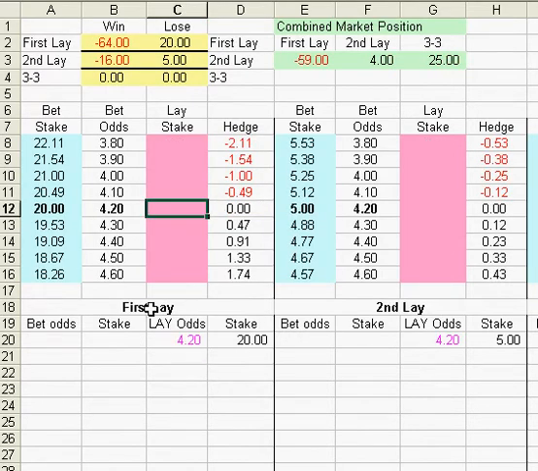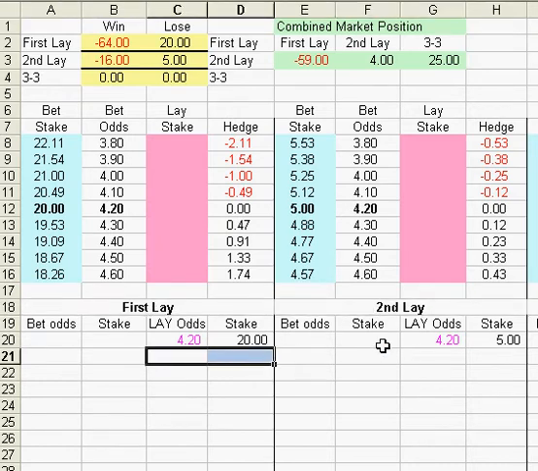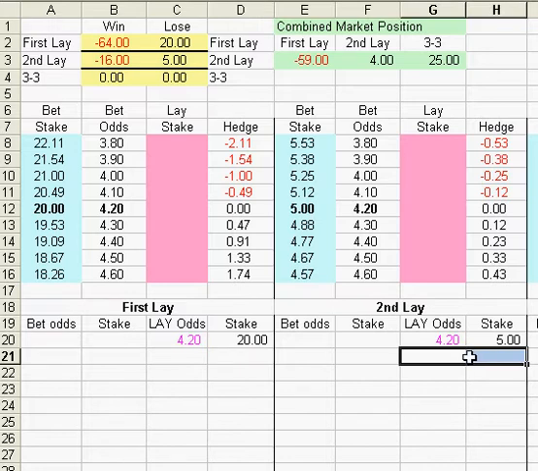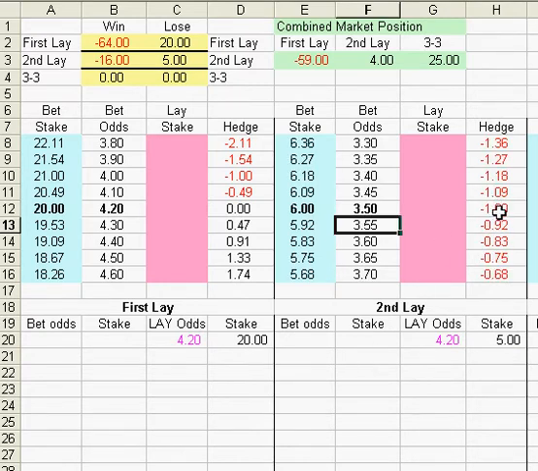Now here we're looking at two fictitious lays, our first lay and our second lay. We've got a bigger lay on our first lay than we have in our second lay. We've got £20 on that one and 5 on that one, both at the odds of 4.2. Now if we have to bet lower with our second lay, for instance, say we have to bet at 3.5, we'll make a £1 loss by placing that bet.